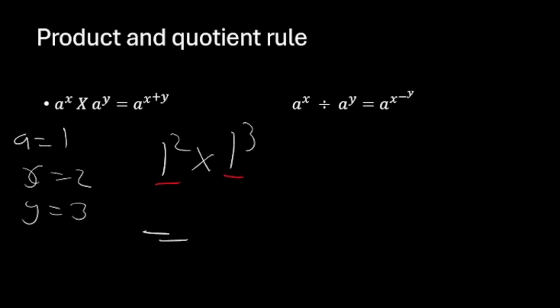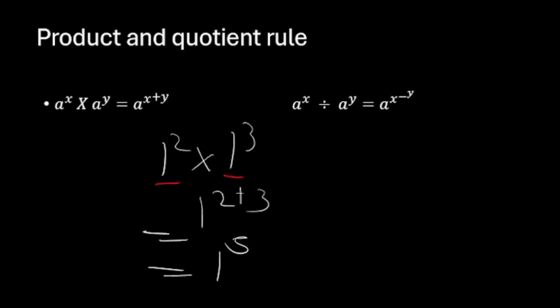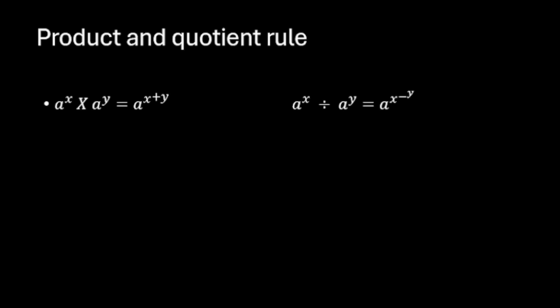So here we're going to add 2 plus 3, which is 1 powered by the exponent 5. So it's as simple as that. Any powers with the same base, when you multiply them, you add the exponents. Simple as that.